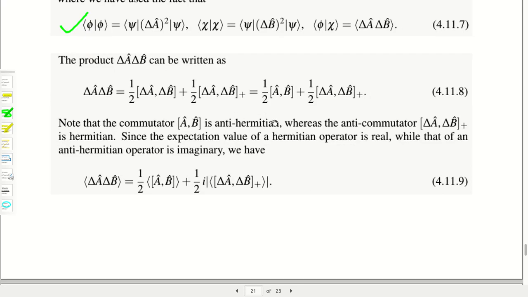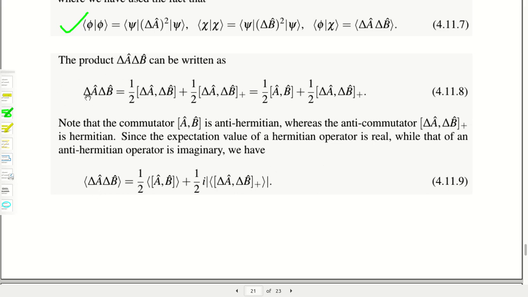So they are of opposite nature, and we know that the expectation value of Hermitian operators is real while that of anti-Hermitian operators is imaginary.